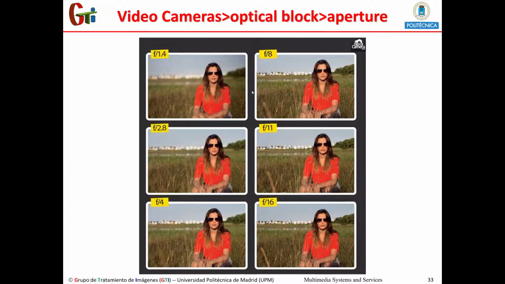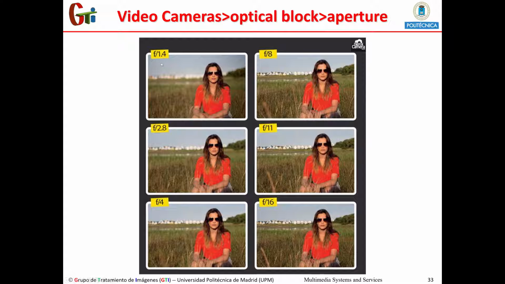This is a real example of using different aperture diameters and observing the appearance of the image. We see that in this case, this corresponds to a high diameter aperture, indicated by this number that will be explained later.